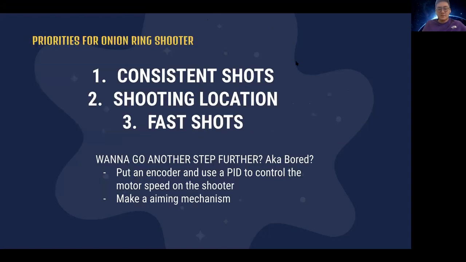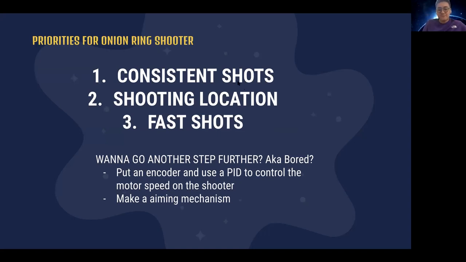Some priorities you want to focus on for your onion ring shooter are consistent shots and your shooting location. In FRC, your shooting location is really important. You kind of want to always pick where you want to be shooting from every single time, so your shots are always consistent.